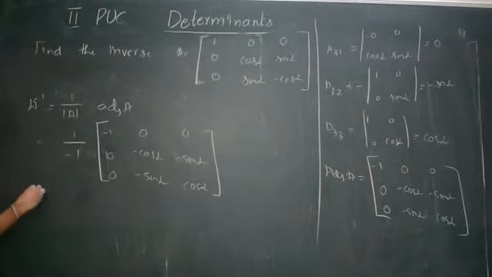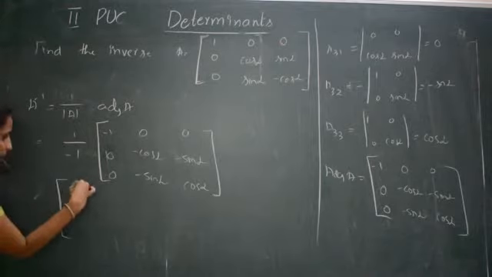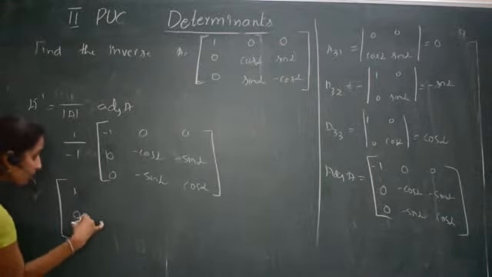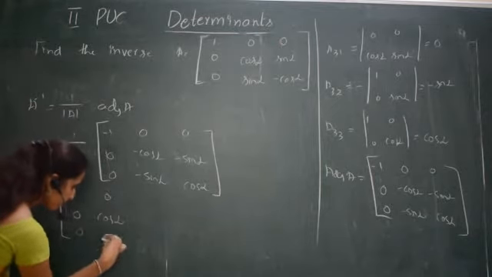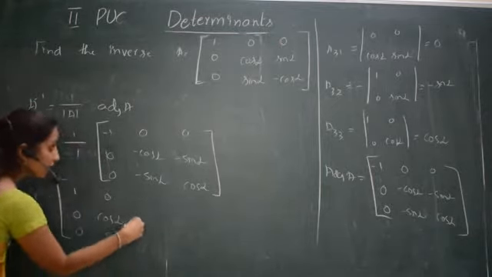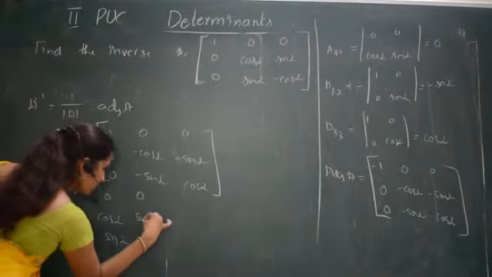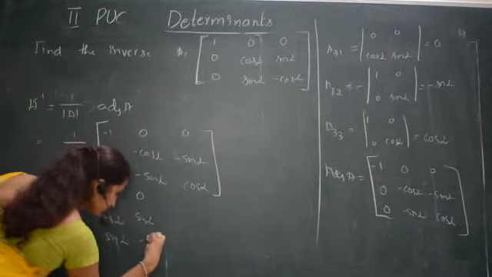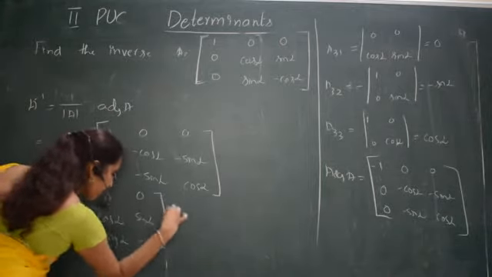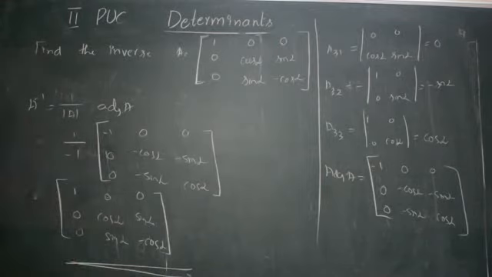Then this will be equal to 1 0 0, 0 cos alpha sin alpha, 0 sin alpha minus cos alpha. So this will be the inverse of the given matrix.